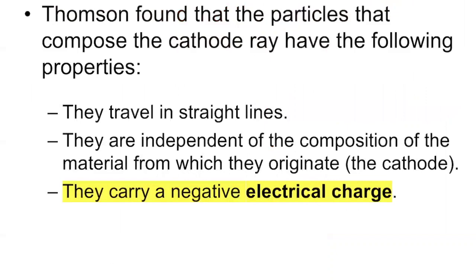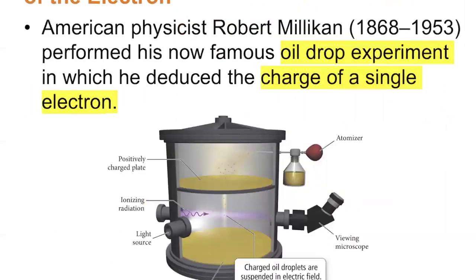So J.J. Thomson discovered the electron and that it had a negative charge.